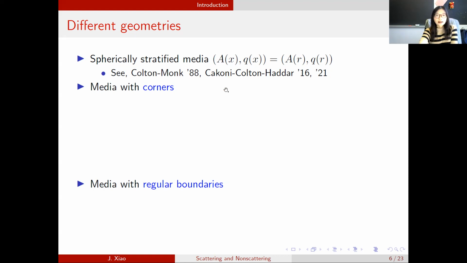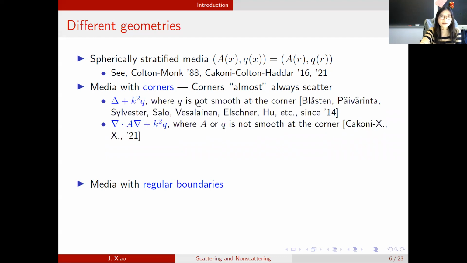However, when the inhomogeneity has corners on the shape, the situation is completely different. I call these corners almost always scatter, which means that there are some corners which have some specific incident field that would not be scattered by those corners. We will see later. There are two different kinds of results.